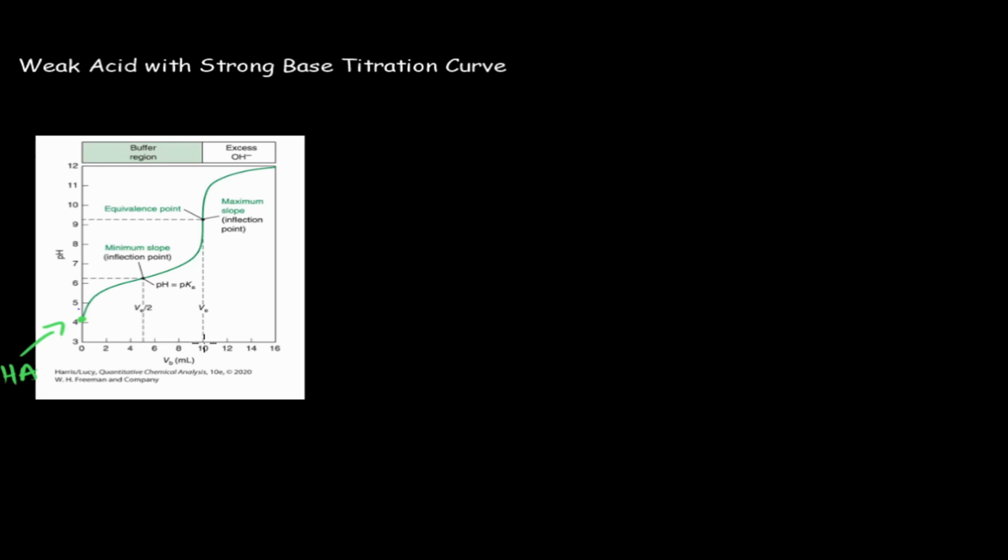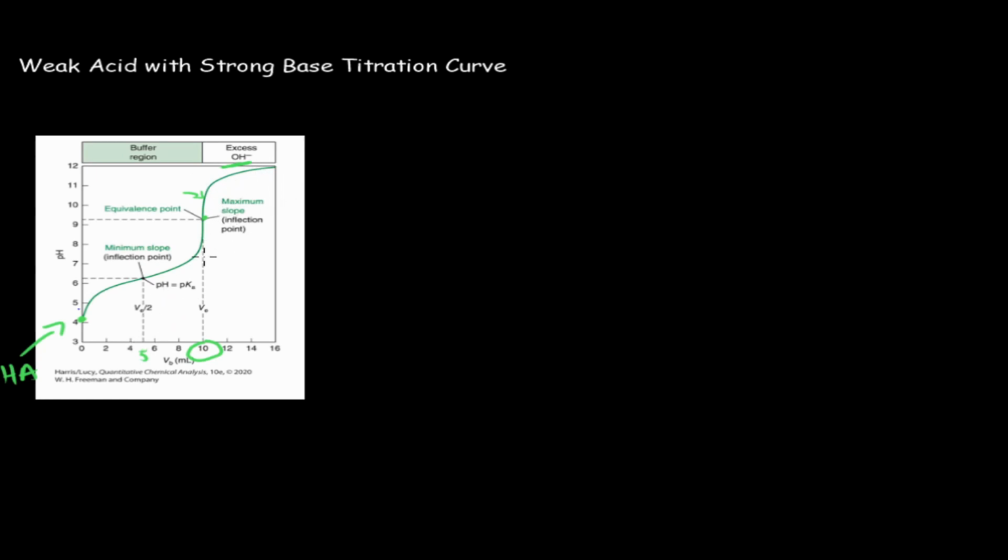So we can see our equivalence volume is 10 milliliters in this example. So at 5 milliliters, we can see that our pH will equal our pKa for a weak acid with a strong base titration curve. And as we pass our equivalence point, we have an excess amount of OH. So that's why our pH will sharply increase.